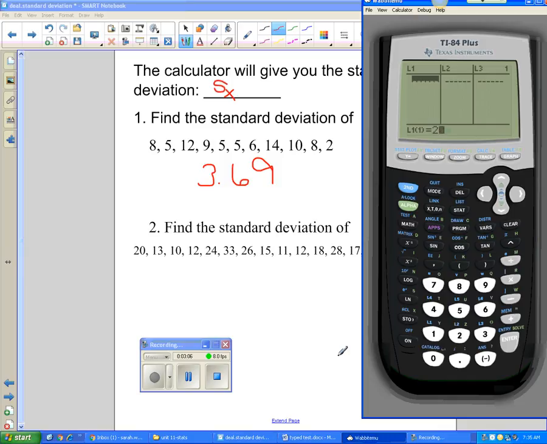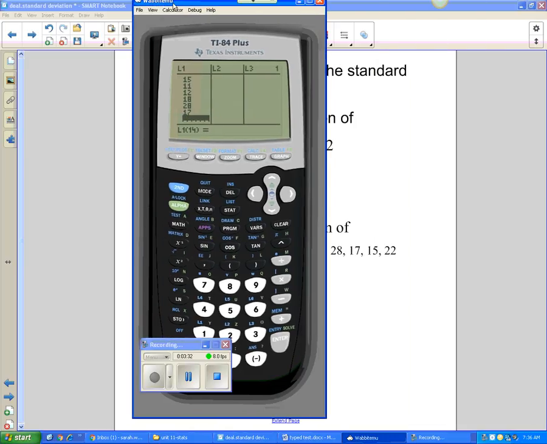All right, we got 20, 13, 10, 12, 24, 33, 26, 15, 11, 12, 18, 28, 17, 15, and 22.